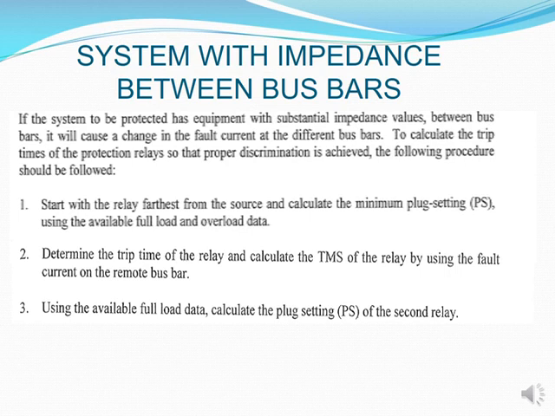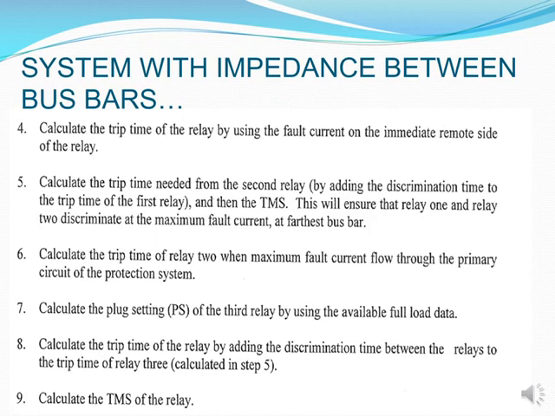After that, you calculate the trip time of the relay by using the fault current on the immediate remote side of the relay. Once you've done that, you calculate the trip time needed for the second relay by adding the discrimination time to the trip time of the first relay. And then your TMS calculation gets done.